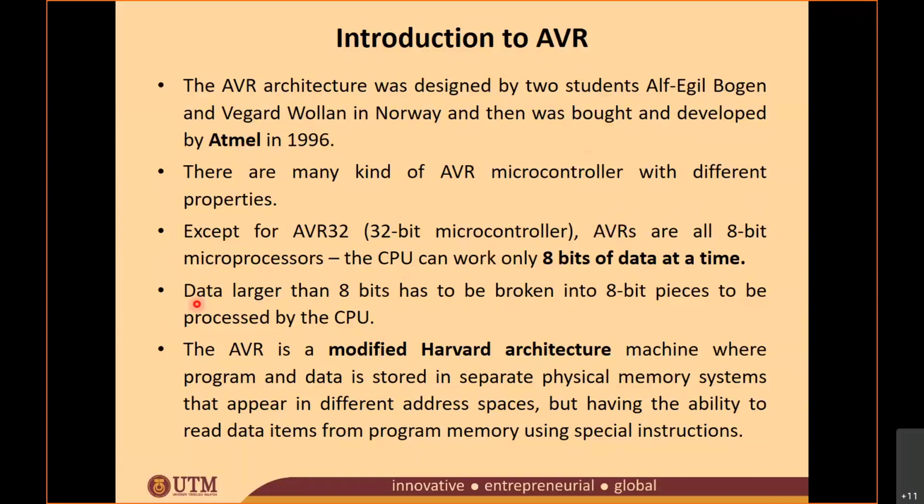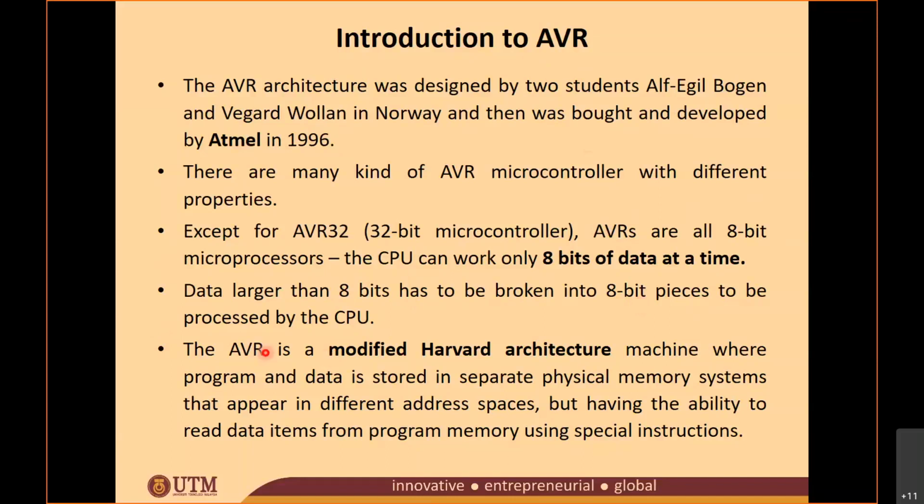Okay, so data larger than 8 bit has to be broken into 8 bit pieces to be processed by CPU. Contoh kalau kamu ada 16 bit data, so kamu kena kecilkanlah 16 bit data tu kepada 8 bit by 8 bit. So kamu ada 2 8 bit data. Kalau kamu ada 32, so kamu ada 4 8-bit data.